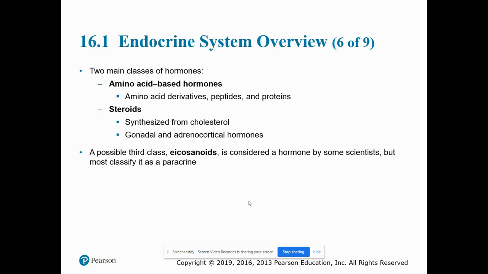Is it going to bind to the membrane of the cell, or is it going to cross through the plasma membrane, get inside, and do something inside of the cell? Now, as always with biology, there are exceptions to these rules, and I'm going to go over these exceptions in a minute. But there is a third possible class called eicosanoids. It's considered a hormone by some scientists, but mostly it's classified as just a paracrine.